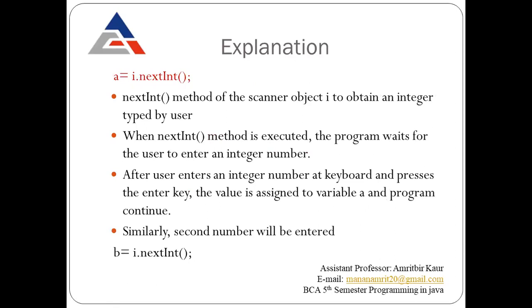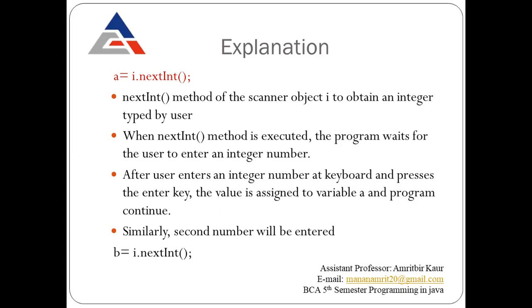So the nextInt method will contain an integer typed by a user. When the nextInt method is executed, the program waits for the user to enter an integer value, and when the user enters it, it will be returned to the A variable.